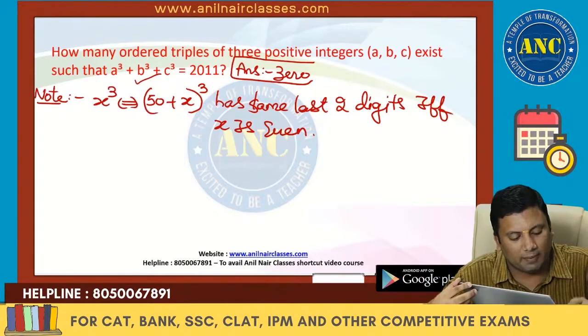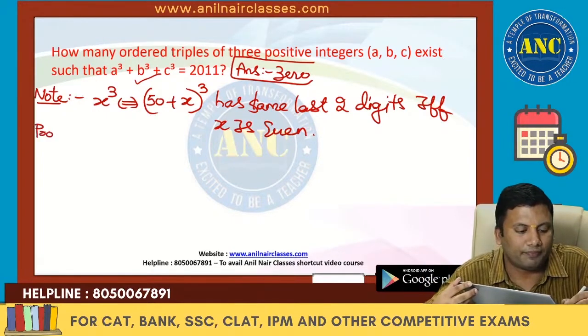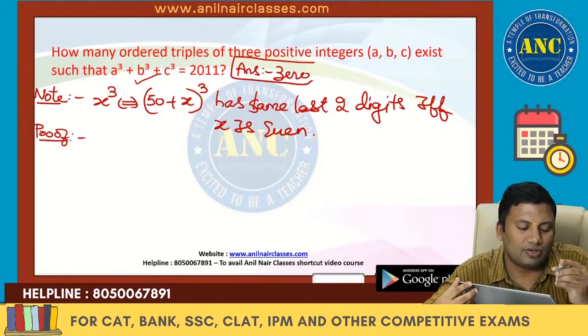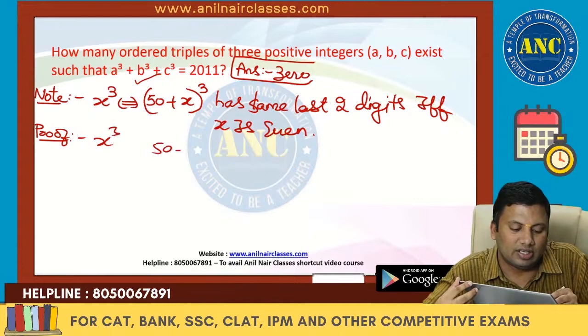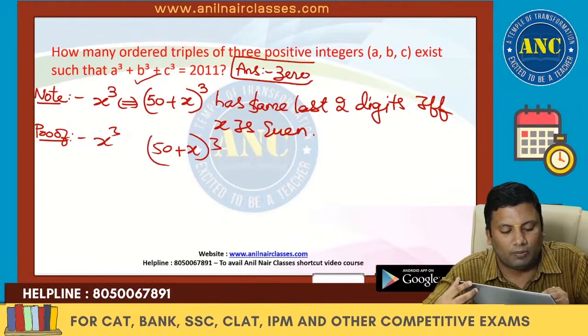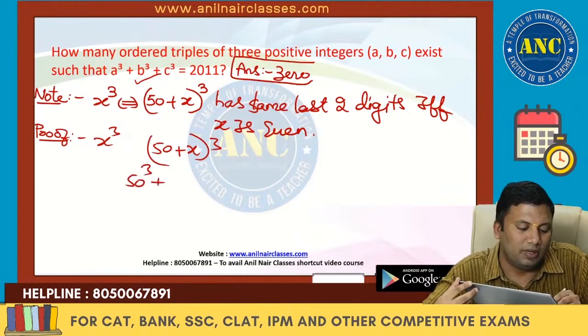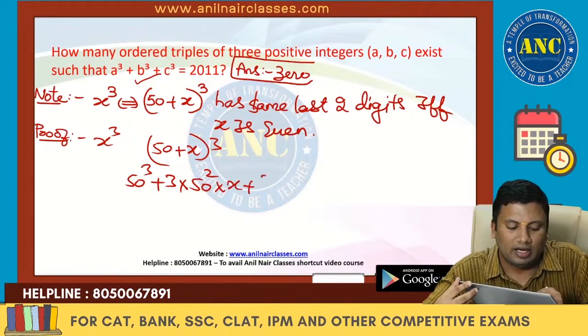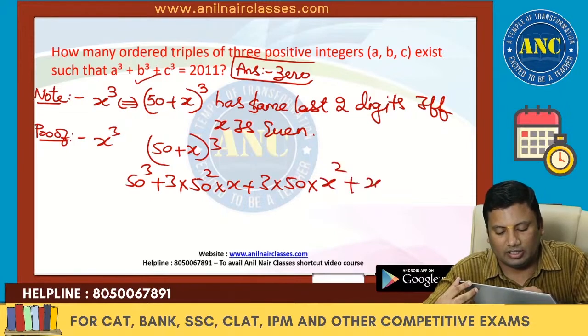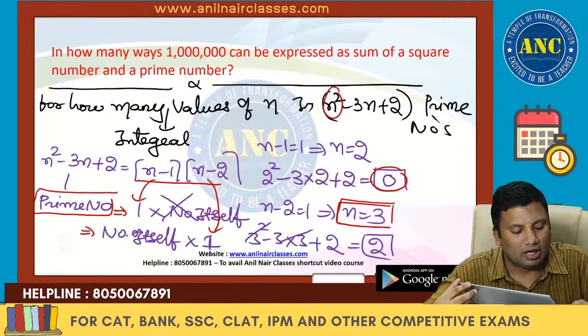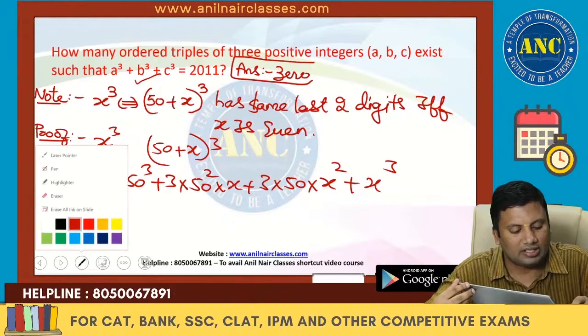Why is it happening? Please see the proof. Once you understand it, then you can solve the problem. X cube, next is 50 plus x whole cube. 50 plus x whole cube is a cube, next is 3a square b, next is 3ab square, and next is nothing but b cube. Now if you see here, listen carefully, sir.